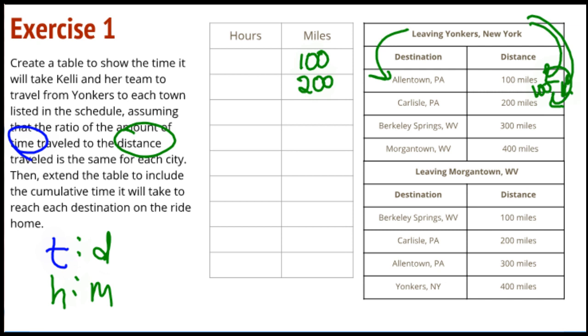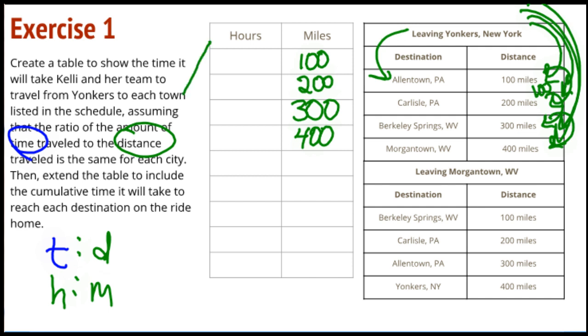And we leave Carlisle and travel to Berkeley Springs, and that is another 100 miles. So the team has traveled 300 miles. And then we leave Berkeley Springs and we travel to Morgantown, which is a total of 400 miles. And it says that this complete trip was 8 hours.